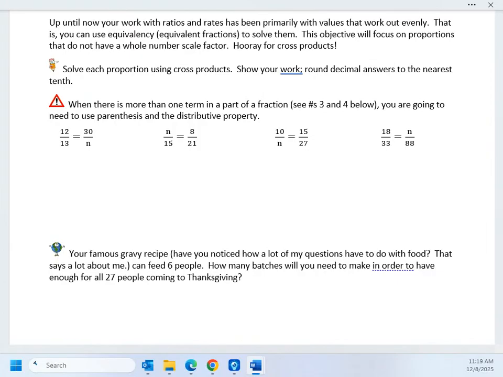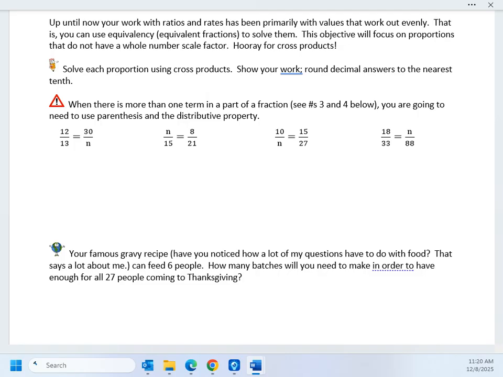So instead of seeing the equivalency easily with those equivalent fractions, now we're going to focus on proportions that do not have a whole number for their scale factor. So it goes into those decimals. Hooray for cross products. They help us find out if they are proportional or not.